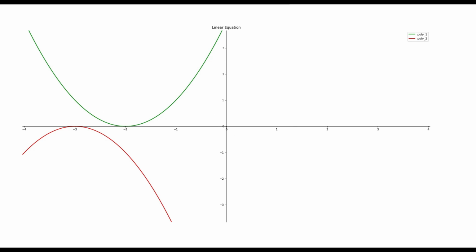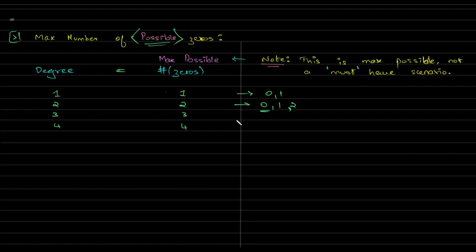It's proper. Now look at the zeros, -3 and -2. They're just touching the x-axis and going. So numerically there is said to be only 1 zero. But technically they consider it as 2, like -2, 2 and -3, 3 are the zeros. They write that. But numerically there is only 1 zero.